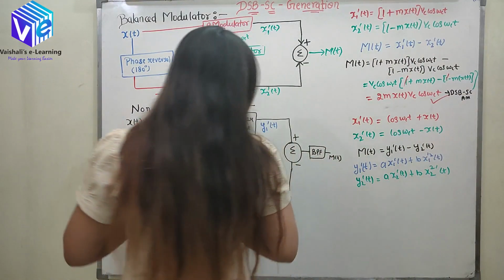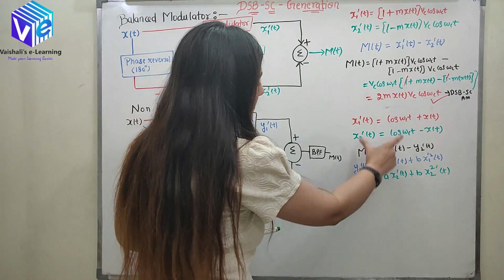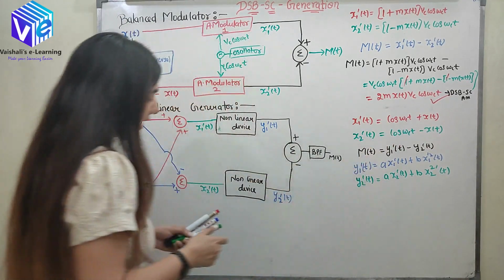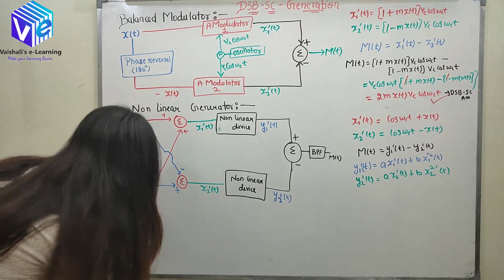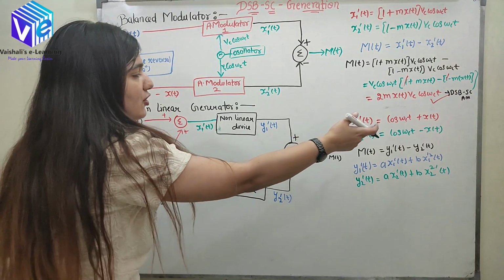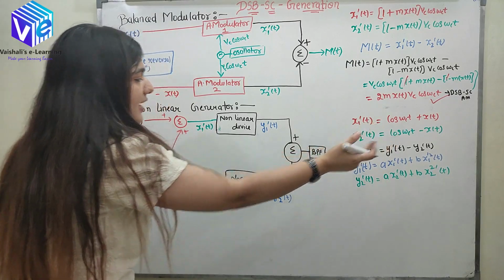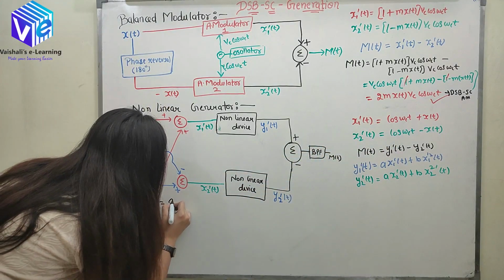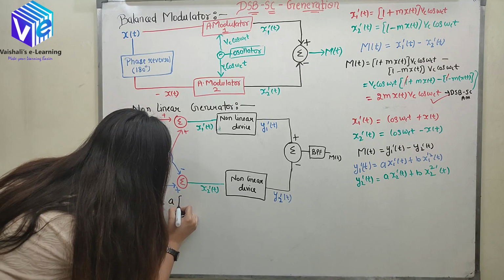So now I'll put these equations in this equation to find out final m of t. So m of t is equal to y1 dash of t minus y2 dash of t. So y1 dash of t is a of x1 dash.